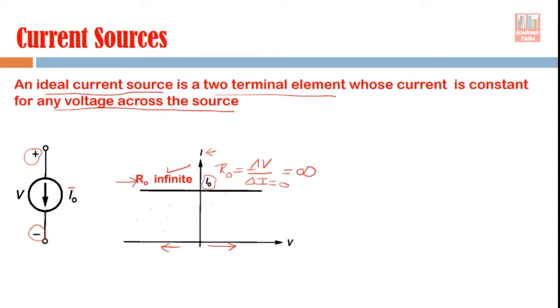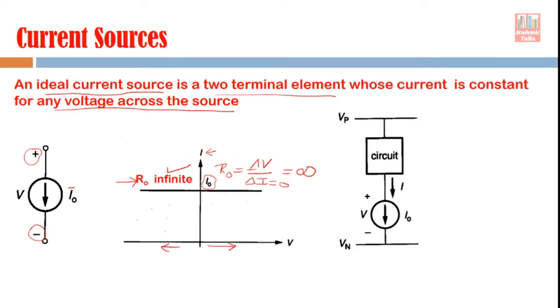So, when we use current sources in a circuit, how do the connections have to be made? If we have a voltage source, then the load is connected in parallel to the source, but in case of current source, load will be connected in series with it. So, the connections will be something like this, you can see here. This is a circuit, and this circuit is actually your load.